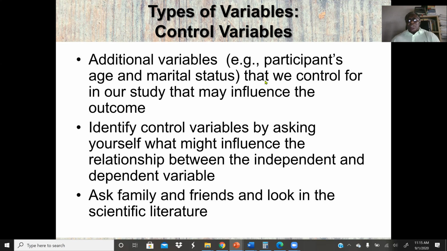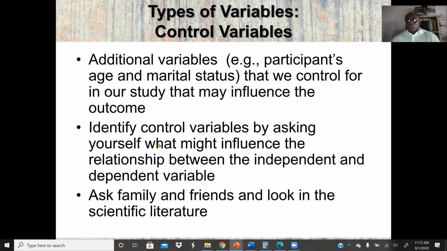So the example here is additional variables, such as participants' age and marital status, that we control for in our study and that may influence the outcome. So control variables are variables that we can control that can influence the outcome.